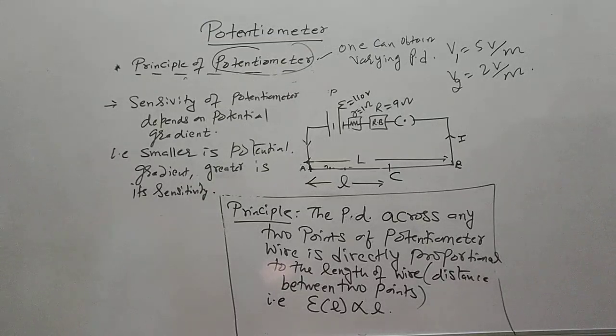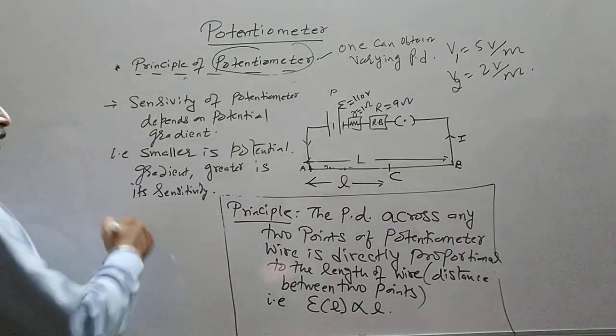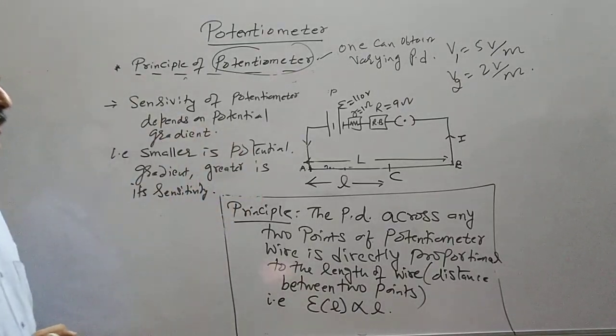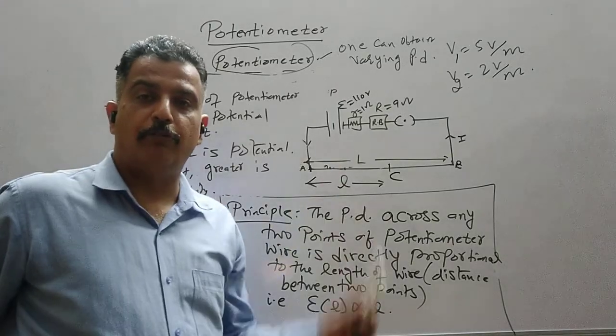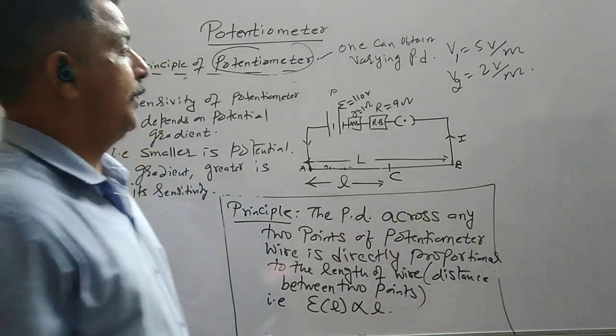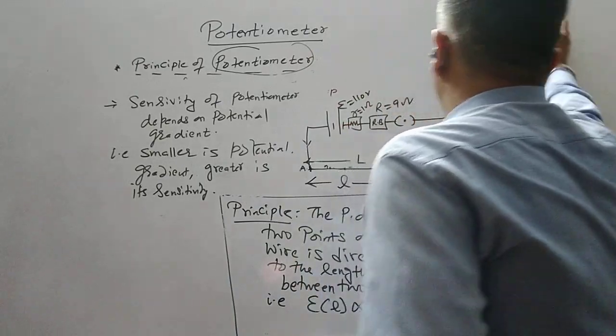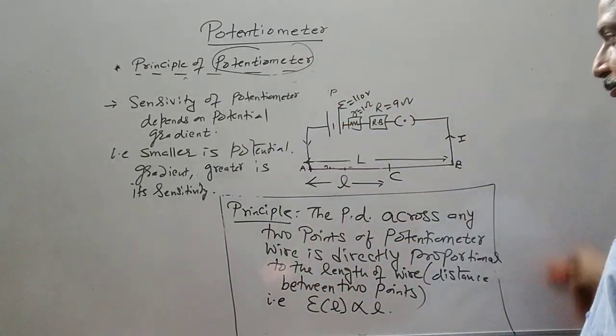So smaller is the potential gradient, greater is its sensitivity. So this is what we have for potentiometer. It can be used to obtain a varying potential difference.